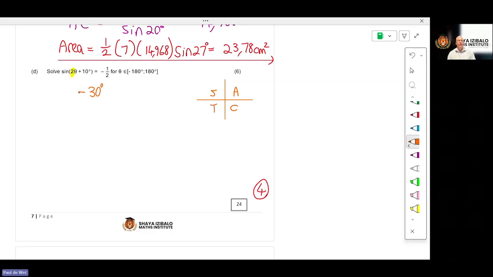So you said negative sine 30. Okay, I'll do it your way. I'm a little bit worried that it might confuse learners, but let's try. I said 2 theta plus 30 equals negative 30. Yes. So now you've taken this negative inside.